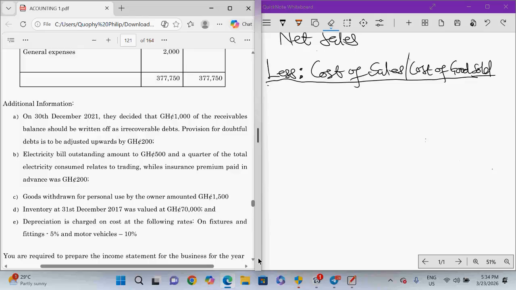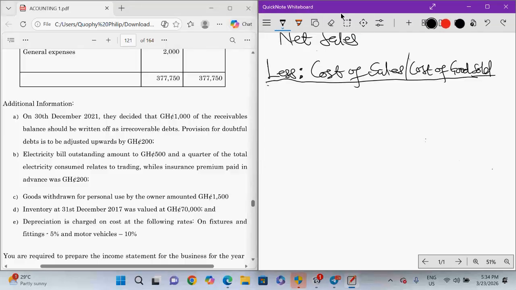Electricity bill is outstanding 500. Where does electricity go? Expenses. Operating expenses. You see, electricity as an expense. But look at the statement. A quarter.